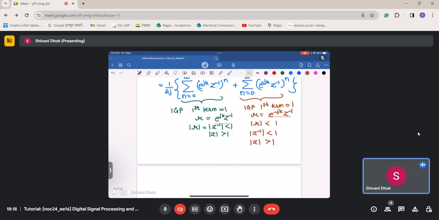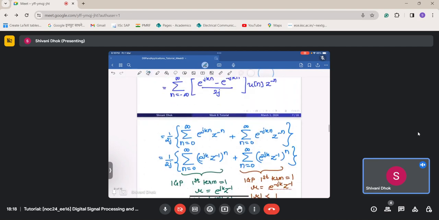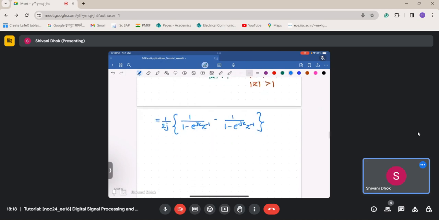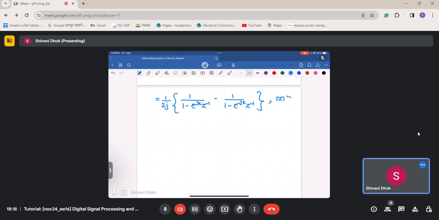Now if this is an infinite geometric progression, I can write this as 1 upon 1 minus e power jk into z inverse, sorry, this won't be plus, minus 1 upon 1 minus e power minus jk into z inverse, and this will converge for magnitude of z greater than 1.